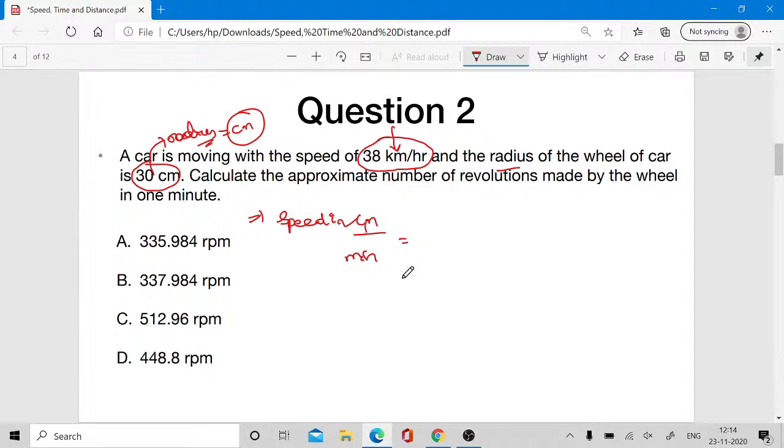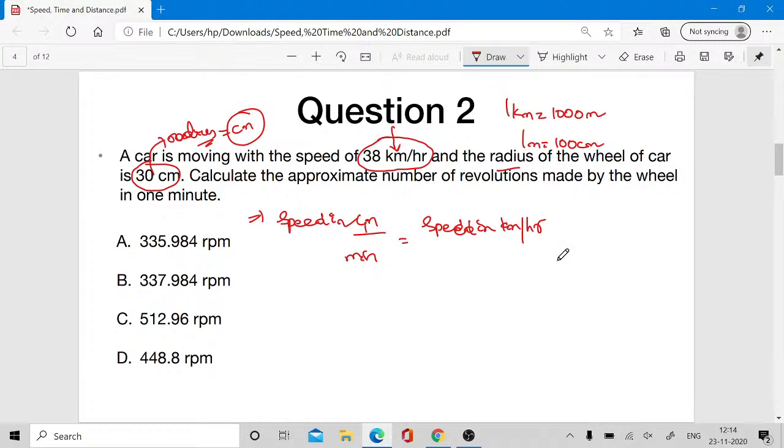So first, how will I convert to speed in centimeter per minute? Speed in kilometer per hour is already given to me, which is 38 kilometer. 1 kilometer is equal to how many meters? That is 1000 meters. 1 meter is equal to how many centimeters? 100 centimeters.